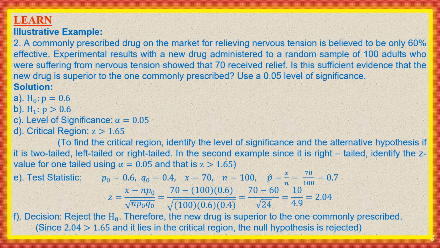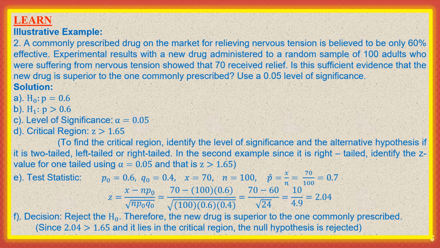So substituting the given to the formula, which is x minus n times p null divided by square root of n times p null times q null, that will give you 70 minus 100 times 0.6 all over square root of 100 times 0.6 times 0.4. That is equal to 70 minus 60 divided by square root of 24 equals 10 divided by 4.9, which is equal to 2.04.